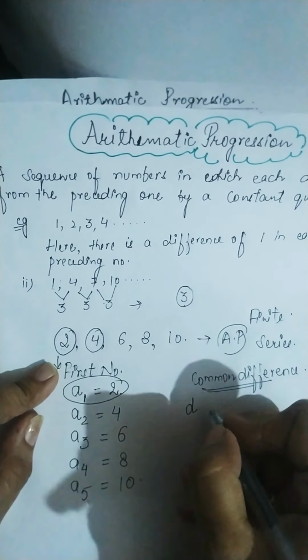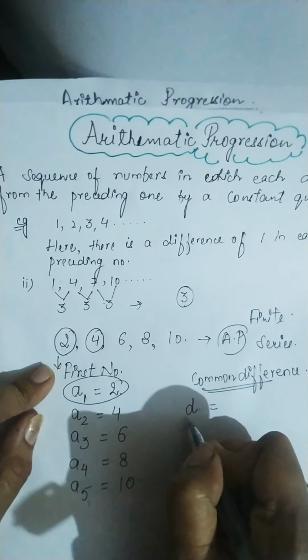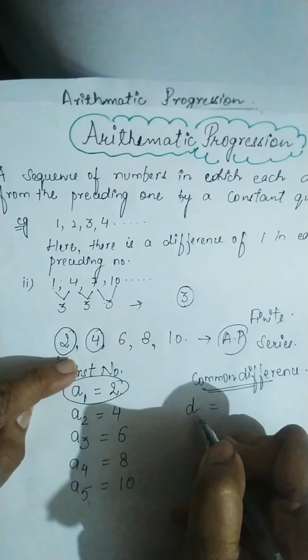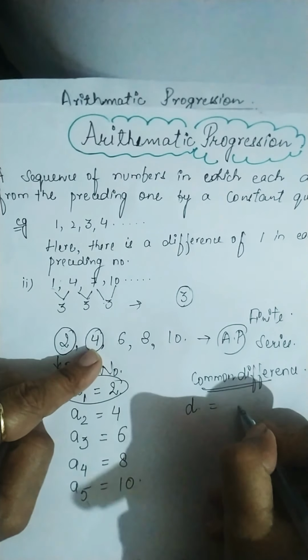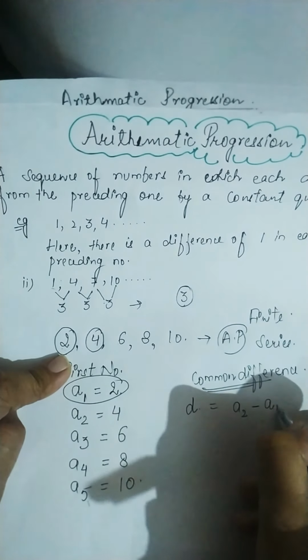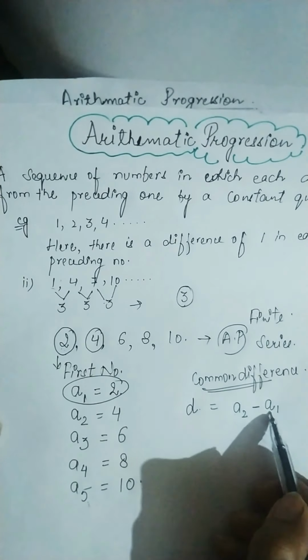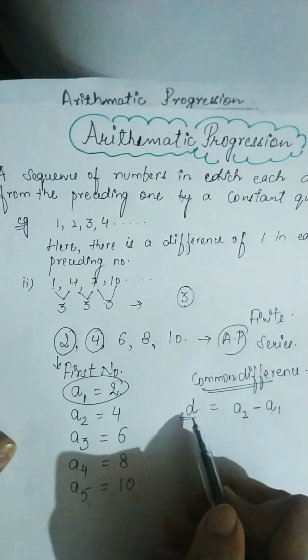For example, this is 2, this is 4. The difference, you know what that is, right? Subtraction. So basically it is a subtraction of the succeeding term, A2, and the preceding term, A1. If we do A2 minus A1, this will be the common difference, that is D.